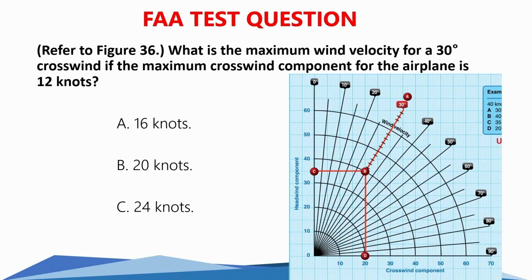Let me go ahead and open up the poll here. I've got the right one here. All right, so what is the maximum wind velocity for a 30-degree crosswind if the maximum crosswind component for the airplane is 12 knots? This is figure 36 in the event that anybody wants to look it up in the testing supplement.